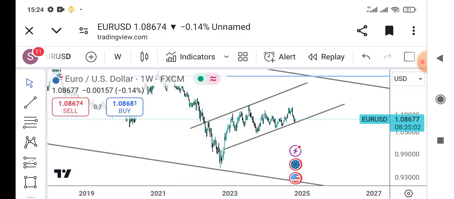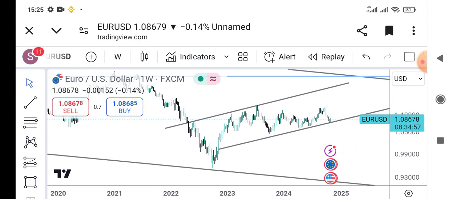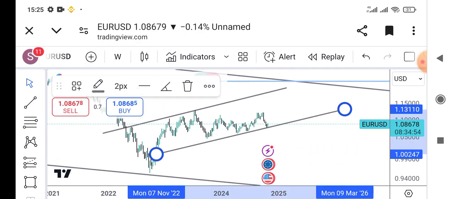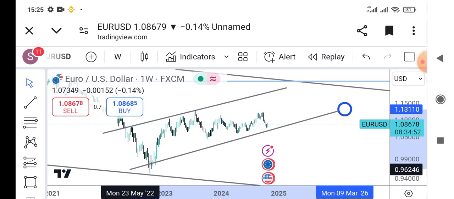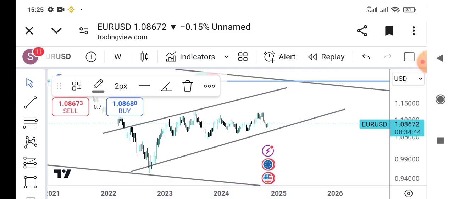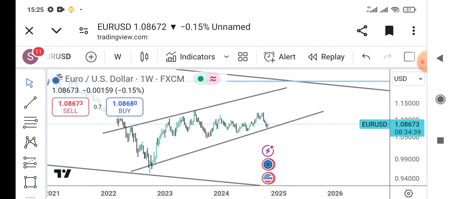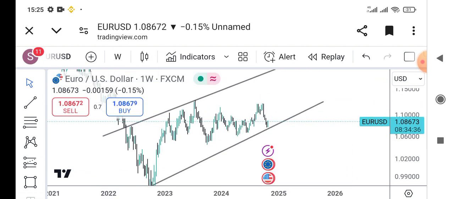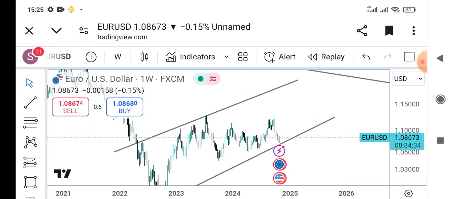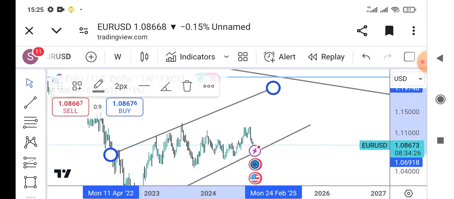Roughly somewhere there. So don't worry. This thing usually calls for a lot of patience.